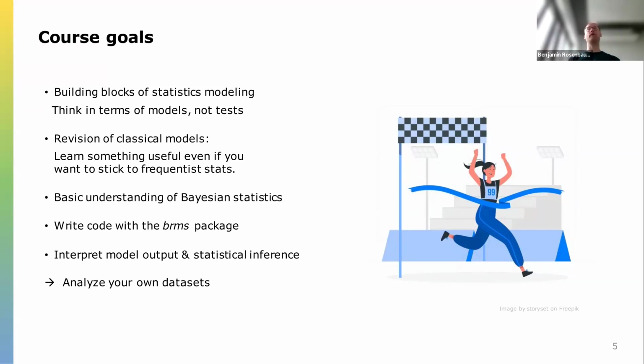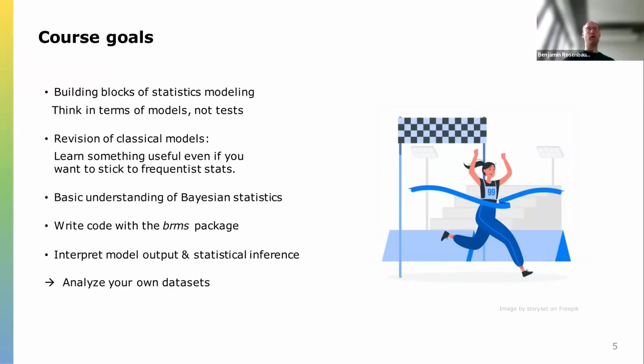I want you to think the other way around. You start with a research question and you have some data, and then you should think about what kind of modeling can I perform on this data to answer my question. So think in terms of your question and the models, and not the other way around.